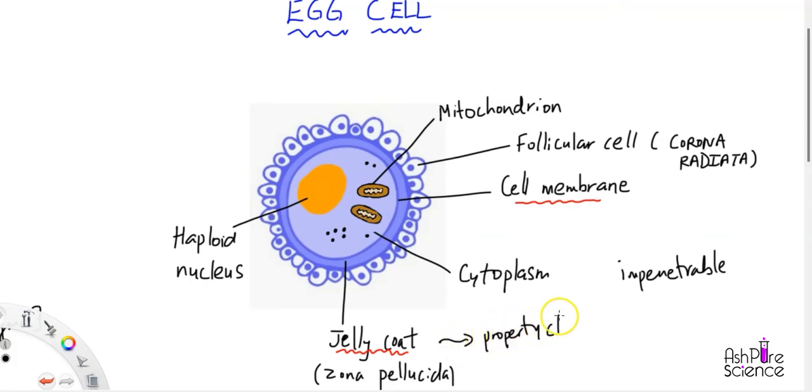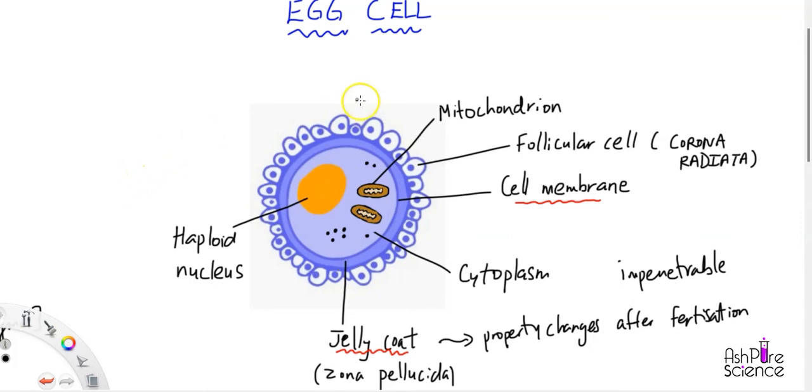So the property changes after fertilization, right? This is something that you have to remember. Okay, so you have the jelly coat that changes property after fertilization, and inside the cytoplasm it contains a store of energy, and this energy is used for the zygote to divide after fertilization.